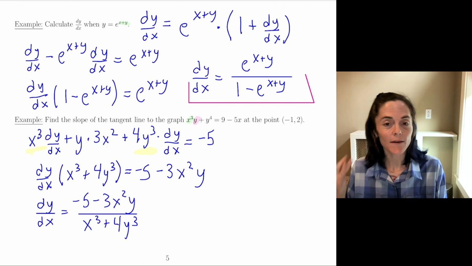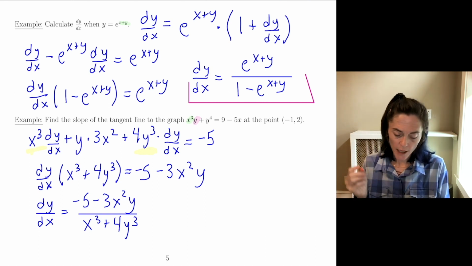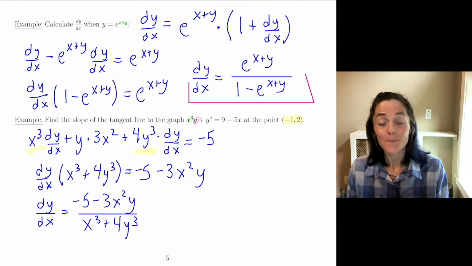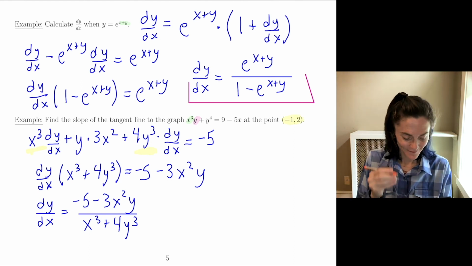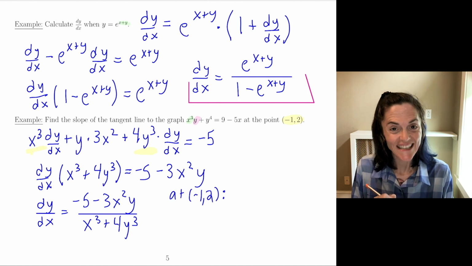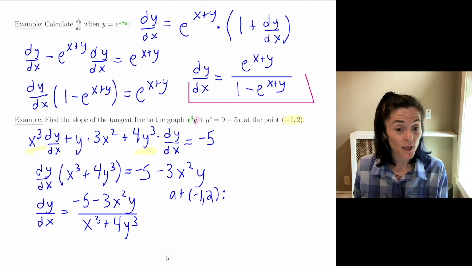This is not my final answer because I'm looking for the slope of the tangent line at this point, (-1, 2). So at the point (-1, 2), x is minus 1, y is 2. We may evaluate.